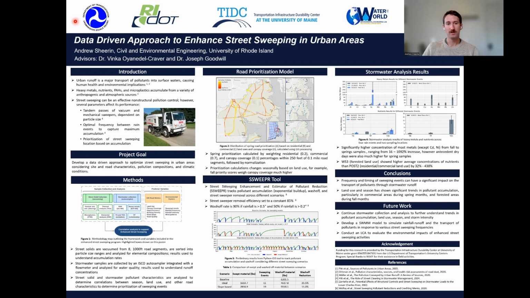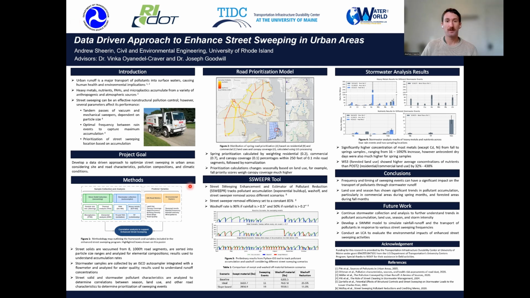And then we also consider GIS metrics, such as land use, canopy coverage, and road quality, as well as weather conditions, to find correlation between what pollutants show up on the road, where those pollutants may accumulate, and how much of them there are. This data will feed into a model that will enhance street sweeping by prioritizing where and when to sweep.